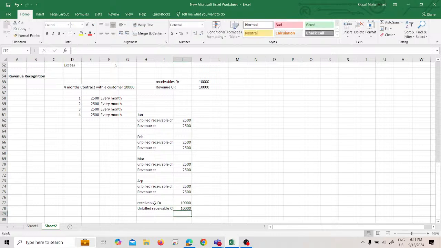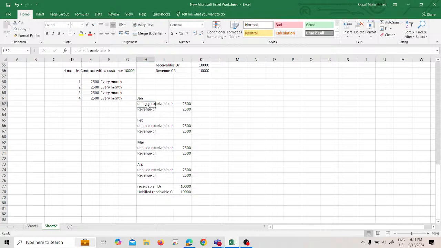So when this entry is done, all the unbilled entries which are debited will go to the credit, and they will be written off, and the final entry will turn out like this.